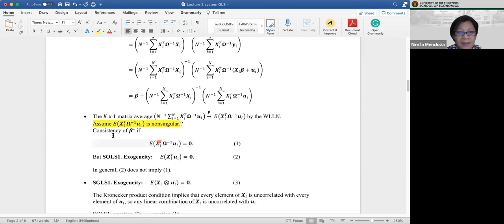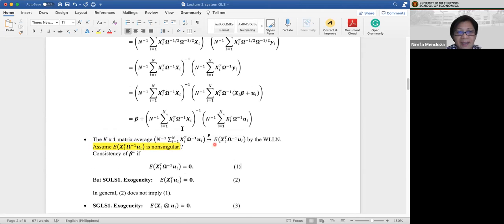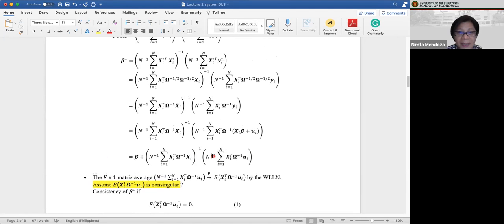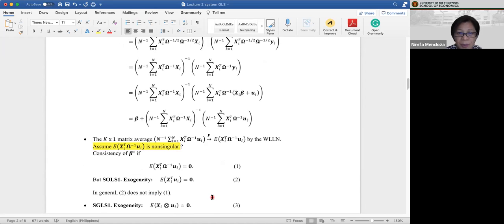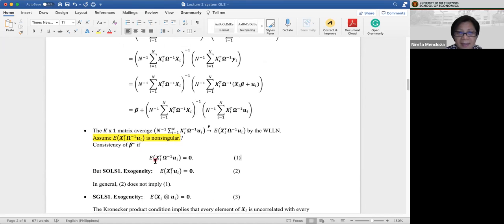We have consistency of beta star if the expectation of the second term is equal to 0. That is, the expected value of x sub I transpose omega inverse U sub I is the 0 vector.